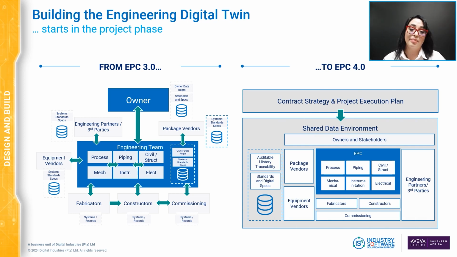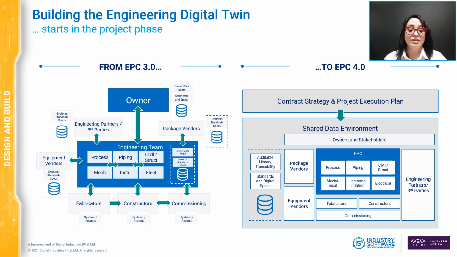AVEVA takes us to EPC 4.0, where we have a shared data environment where the owners and stakeholders can actually see what is going on within the project. We have our vendor packages, equipment vendors. We have our EPC with our different disciplines and different functional jobs, draftsmen, engineers.